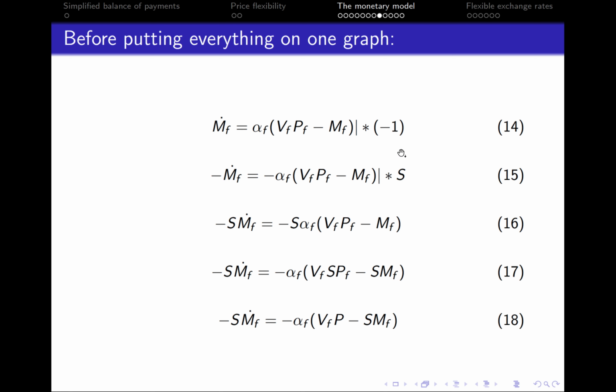So we multiply both sides by the exchange rate. Now I can multiply everything by the exchange rate inside the parentheses. And because of the law of one price, we said that P is equal to SPF, so I can substitute the exchange rate times the foreign price level by the domestic price level. And this is how we obtain the equation that we are going to use.